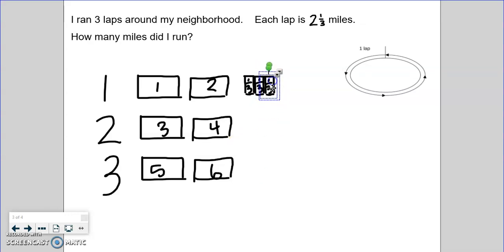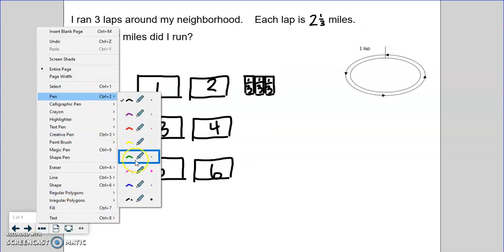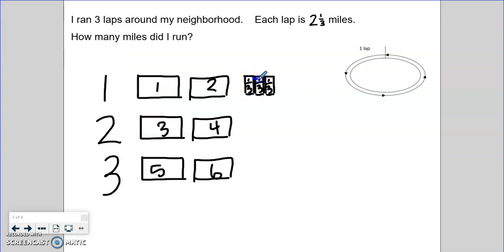Three of these guys equals another mile. So this is going to be 7 miles. So my answer here is 7 miles.